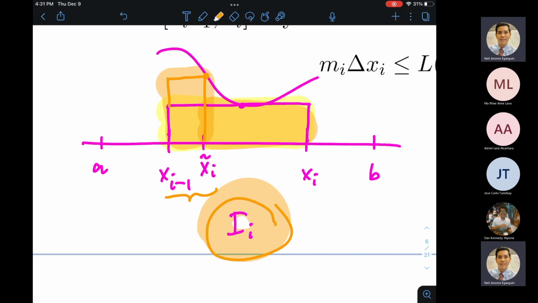And this will happen whenever you insert a new element of the partition inducer. So kung sa isang interval II, nagdagdag ka ng isang partition inducer element, all right? So mas lumalaki yung contribution ng original interval.